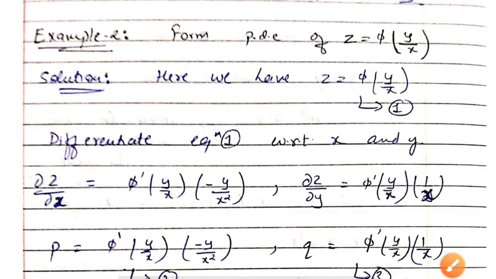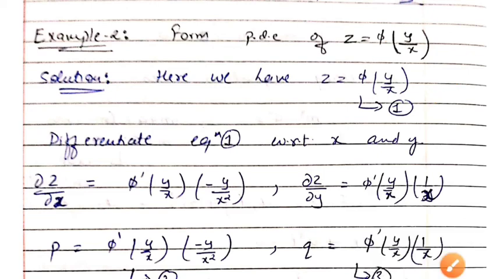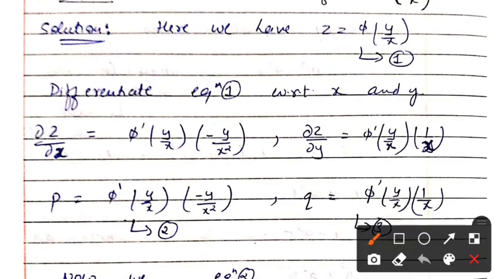Now the other type is in this form: form the partial differential equation of z equal to phi of y by x. Now this is given to us and we name this as equation 1. What we will do here is the same as we have done for removing the arbitrary constant.